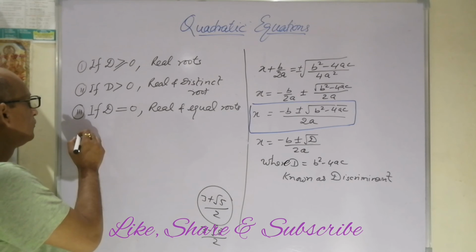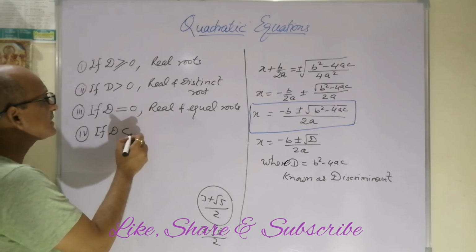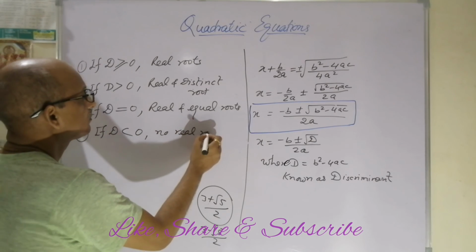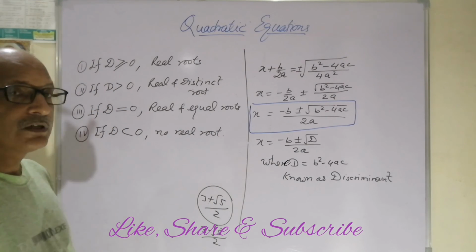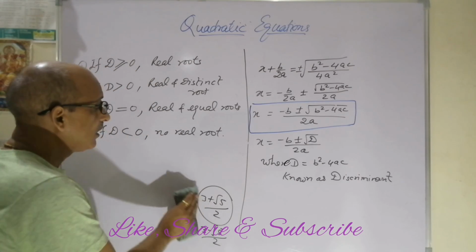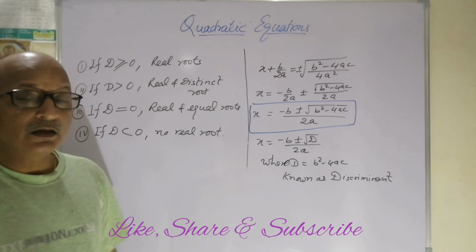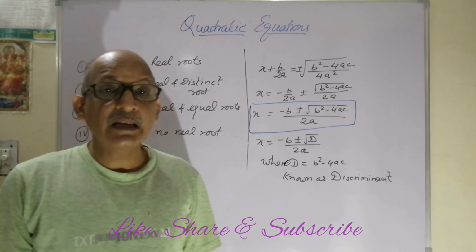Fourth, if D is less than 0, then there is no real root. Questions will demand that you solve whether roots are real or not. You will be given an equation and some unknown term k.